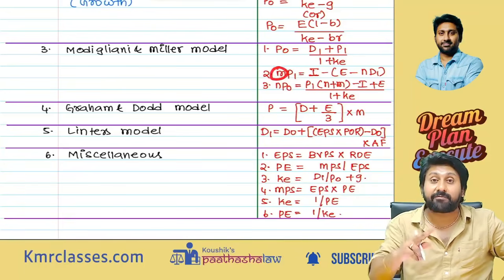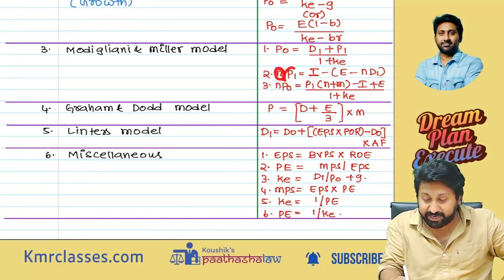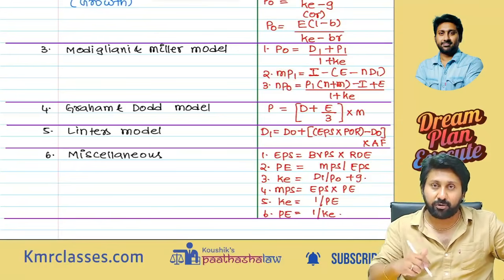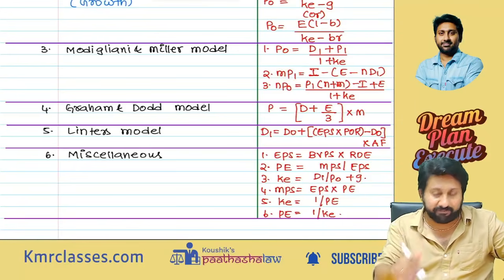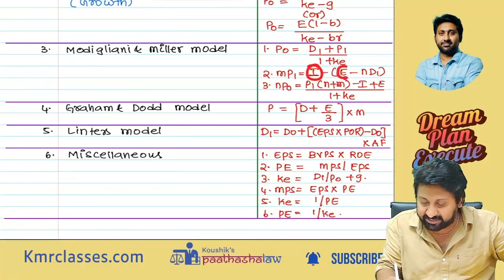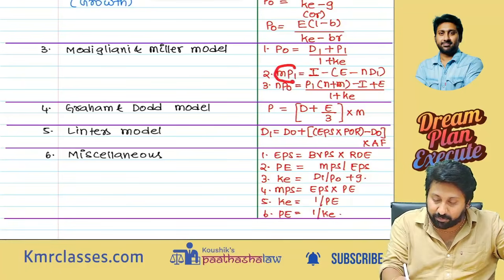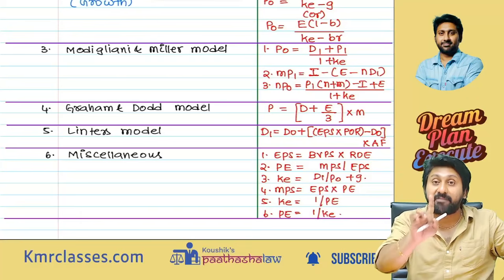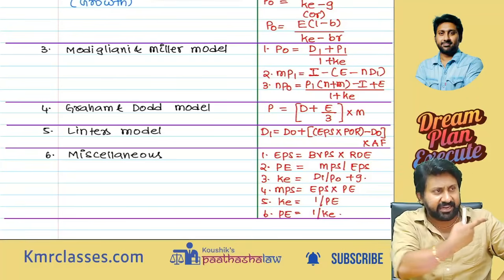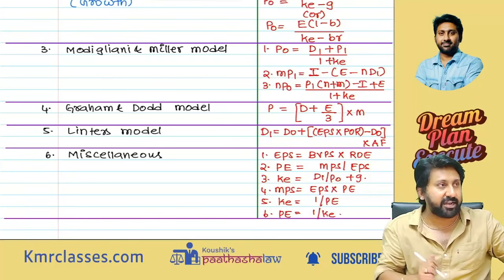M means number of shares to be issued. Number of shares into price means total value. How much amount we need to raise by public offer: investment minus earnings minus existing shares into dividend to be paid. This will be the formula for money to be raised by public offer. I am explaining the formula only. For logic and everything, see the recent FM revision lecture I uploaded.